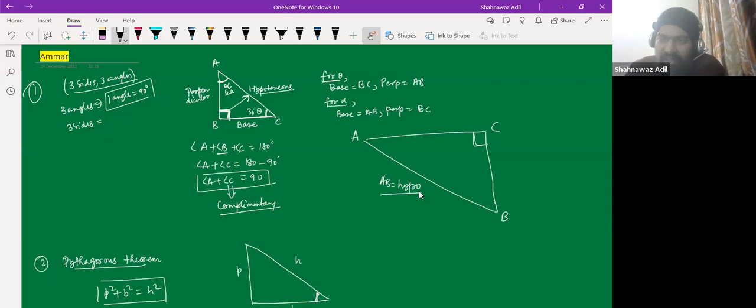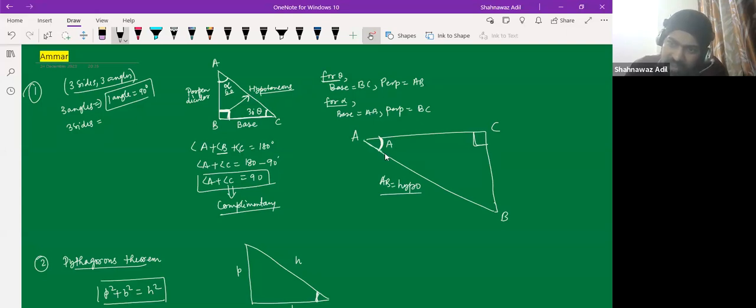The second thing is that we have to figure out what is perpendicular and base. So how do we figure that out? Let's say we have already figured out the hypotenuse. Then whatever angle we choose, let's say we pick this angle A, what are the sides which make this angle?